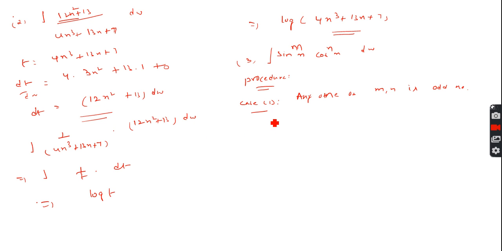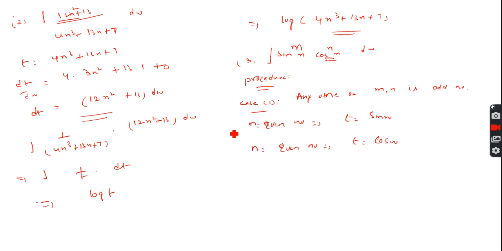Suppose m is an even number, then we take t is equal to sin x, since for m the sine is involved. Suppose n is an even number, then t is equal to cos x, since n indicates cos.